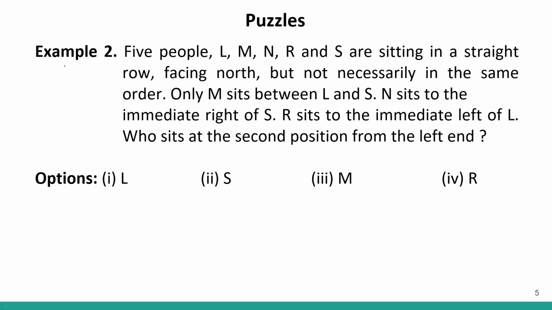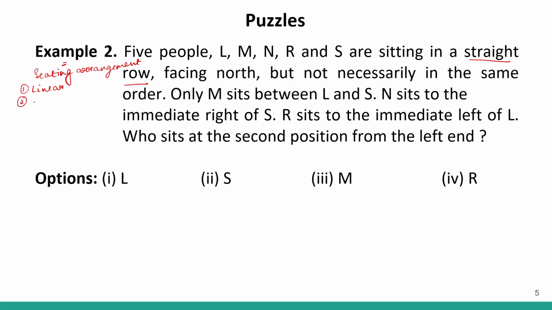Moving on to example number 2. Example number 2 says that there are 5 people sitting in a straight row. So this is a question of seating arrangement. Now in seating arrangement, we have already discussed this in length in another chapter. How many types of questions are there? First is your linear seating arrangement, where everybody is sitting in a row.